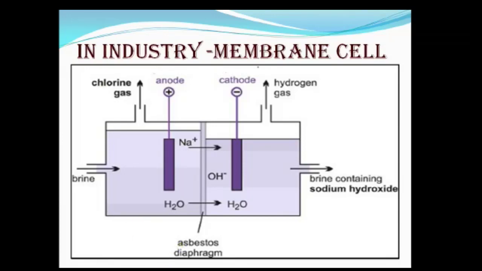The anode oxidizes the chloride ion, which loses an electron to become free chlorine gas, and the hydrogen ions which are forming here are pulled at the cathode and form the hydrogen gas.